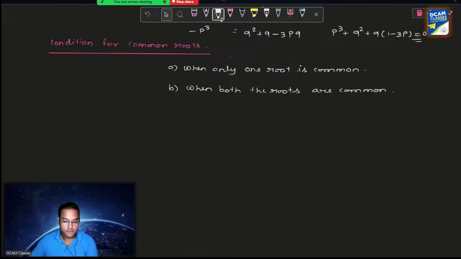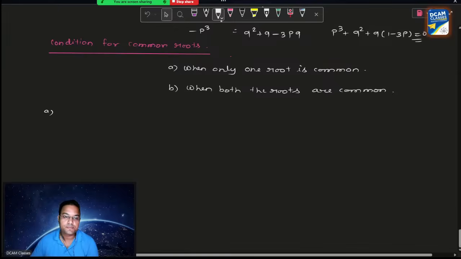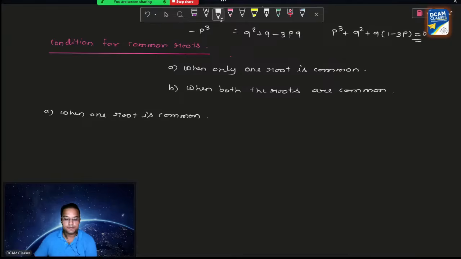Condition for common root is, see what, the first case is when one root is common. When one root is common, let's say let it be alpha.